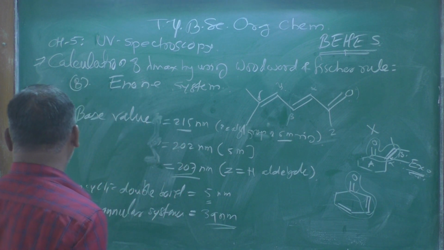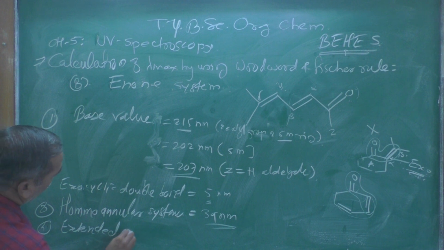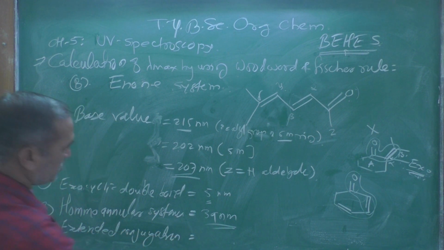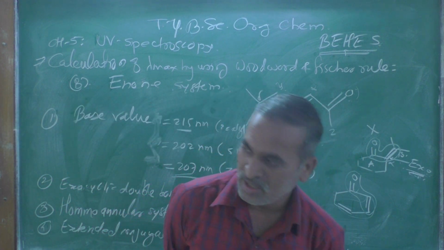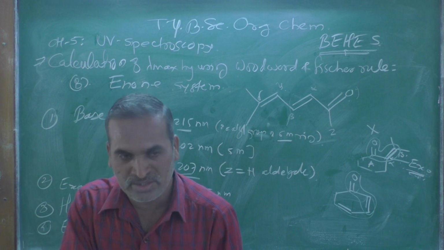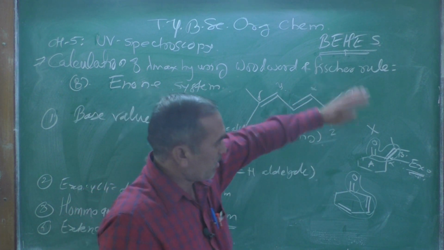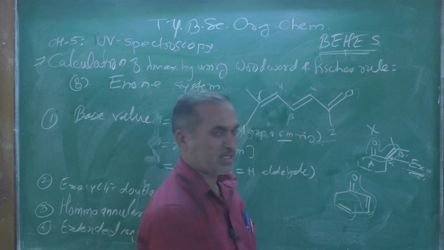Now the fourth one is extended conjugation. Extended conjugation, and if extended conjugation is present, similar to a diene system, there is no change if an extra double bond is present. Remember, this is an enone system, and one extra double bond is present over here.